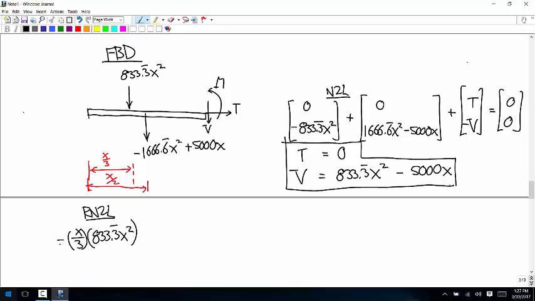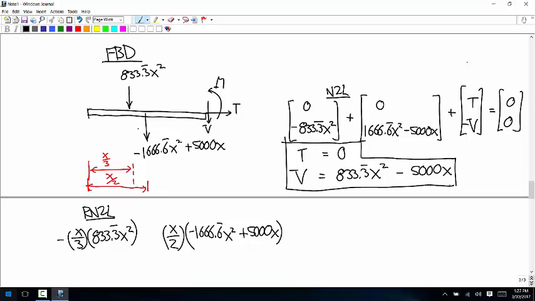And then a moment arm of x over 2 times a force of negative 1666.6 repeating x squared plus 5,000x.